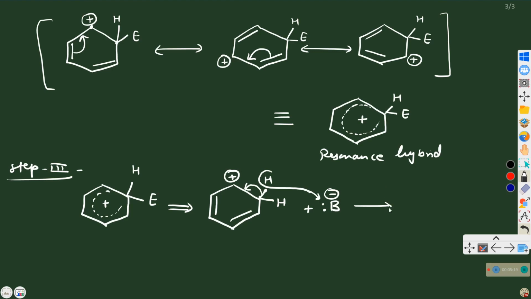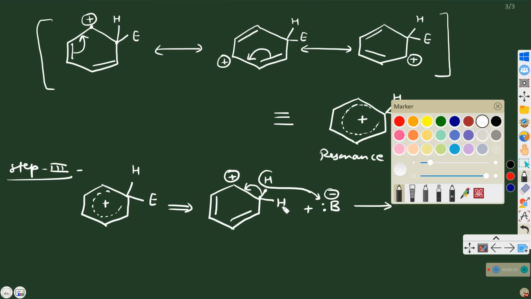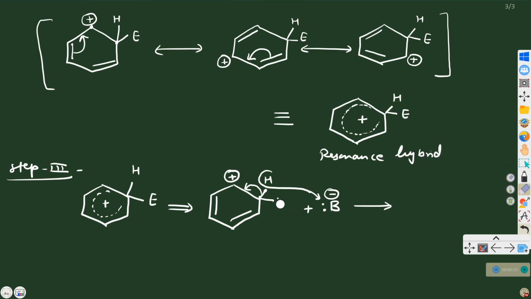So you are going to get your substitution product like this. This is your substituted product. Here the hydrogen is substituted by the electrophile.